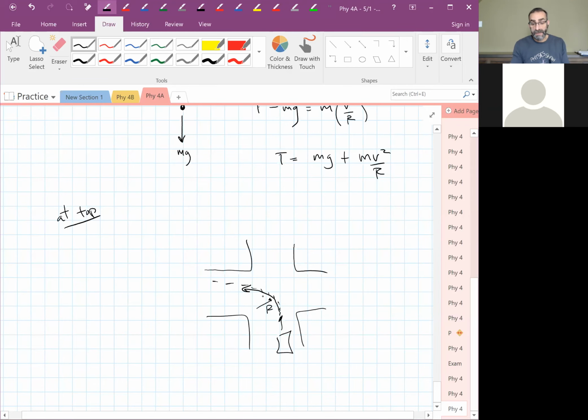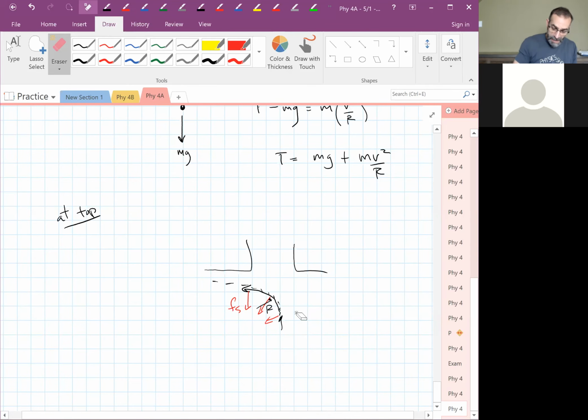What causes the centripetal force as the car rounds the turn on a horizontal, flat surface? Static friction between the tire and the road, pushing in on the car. A force that we know about.